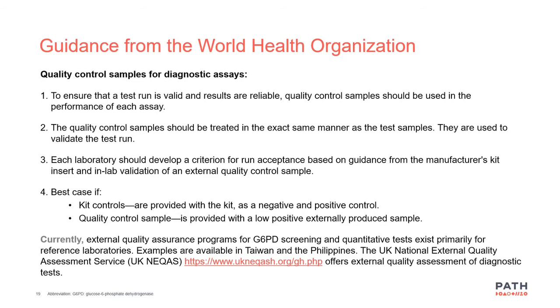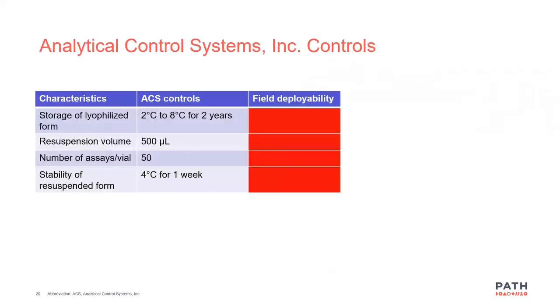And they would be optimal as far as running quality controls for the test. So currently there are external quality assurance programs for G6PD screening, and quantitative tests do exist, primarily though for reference labs. Examples of this are available in Taiwan and in the Philippines. And the UK NEQAS, or the UK National External Quality Assessment Service, does offer external quality assessment of diagnostic tests.